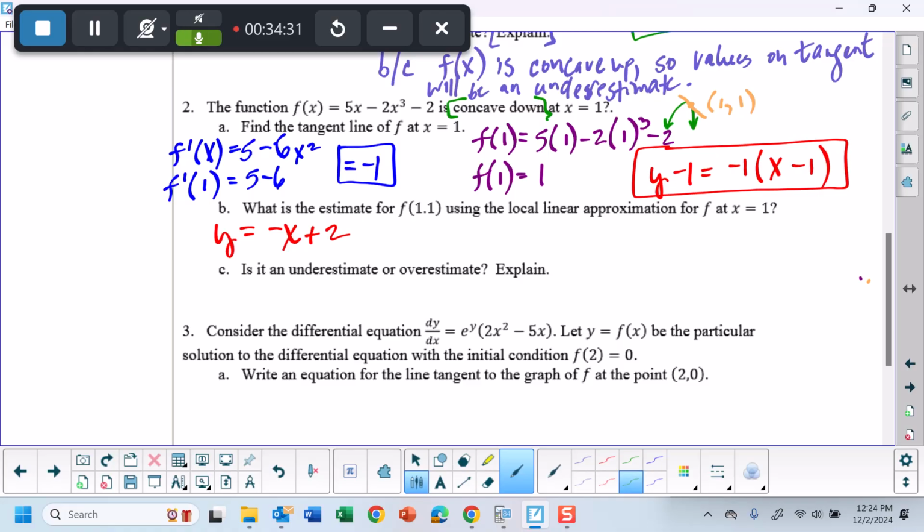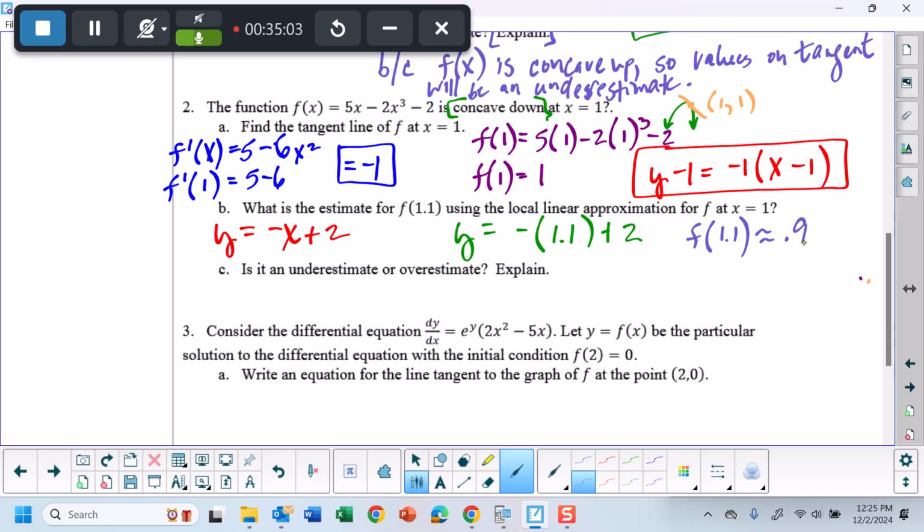So when I fill in my output value, it's equal to the opposite of my input value, which is 1.1, and then plus 2. So what is the estimate? We can say that f of 1.1 is about equal to 0.9. Yeah?